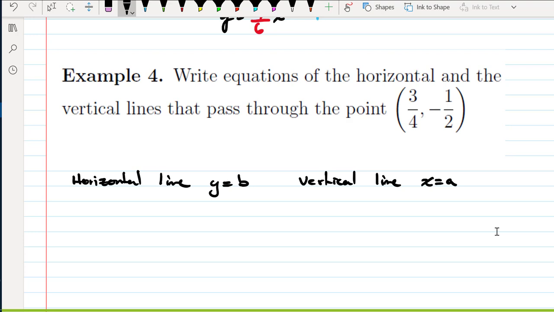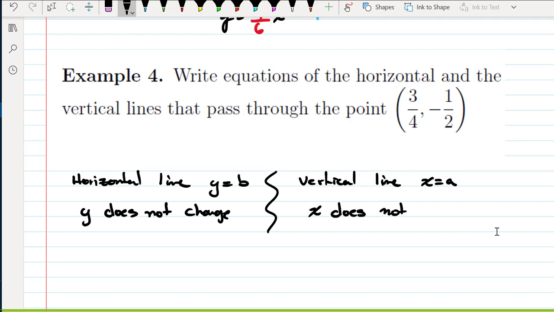And on a horizontal line, we had the following: y does not change. And on a vertical line, we had that x does not change. Well, with those key observations, if x does not change, what would my x value have to be on the vertical line?